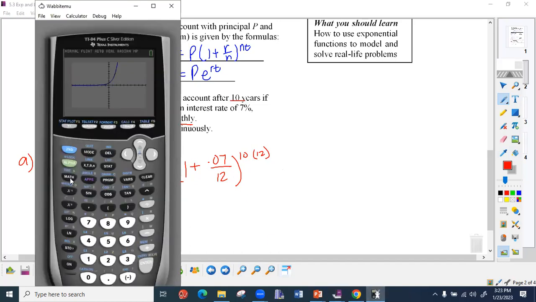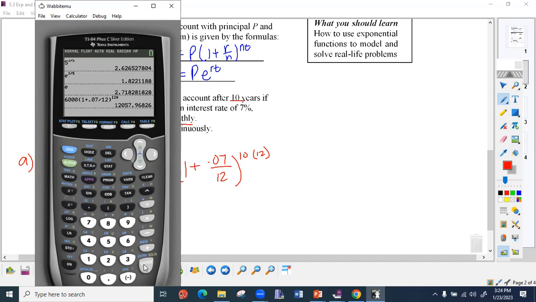So in the calculator, I'm typing in 6,000 times 1 plus 0.07 divided by 12, to the 120. The key thing is setting up and inputting correctly.